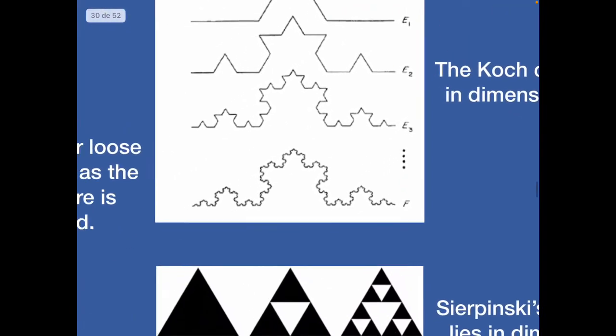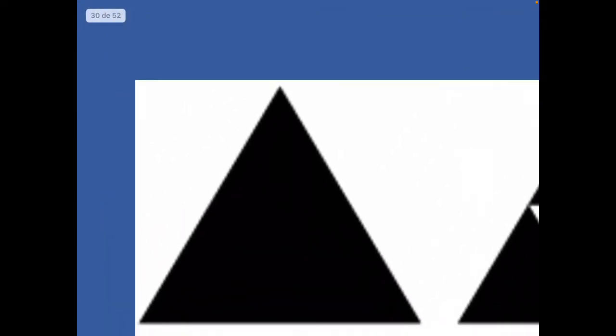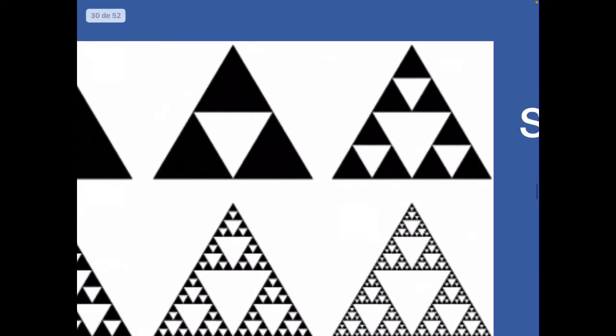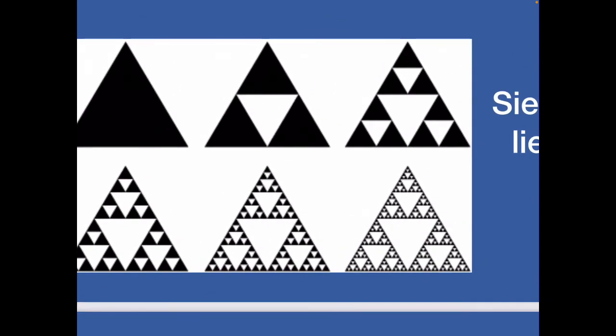Another example would be the Sierpinski triangle. We start here with a surface, right? But we're going to be punching holes, and in this case, those holes are going to have the shape of a triangle. So I'm going to be deleting all these parts of the surface and deleting and deleting and deleting all the way to infinity if I could have enough time, or if I used a computer to produce these triangles. And as a result, the Sierpinski triangle is actually going to be losing dimension because it is losing all these sections of the triangle.